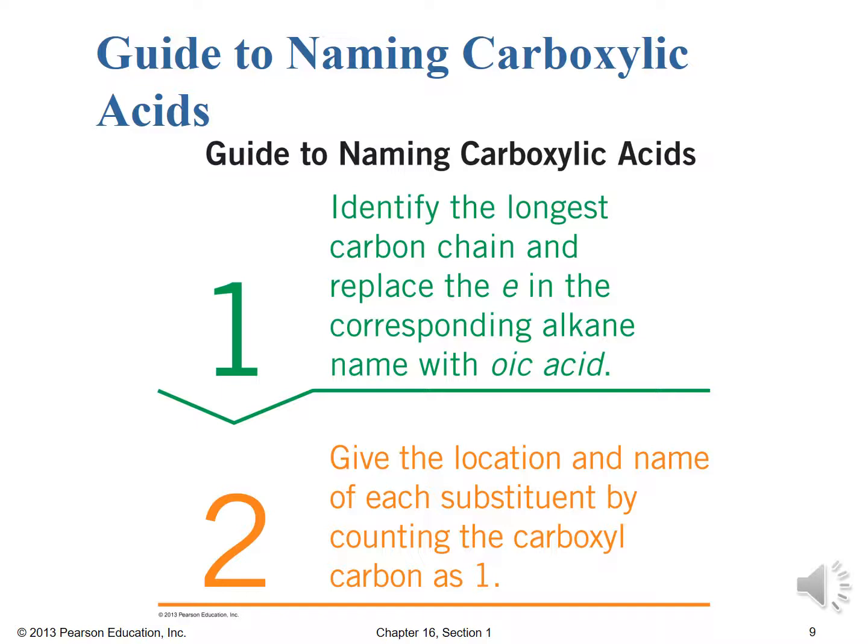It's the highest priority we encounter in the course, so it's always going to be carbon 1, unless, as we saw already, it happens to be bonded to a benzene ring. Then we consider the carbon that's bonded to that carboxyl carbon, that's a carbon member of the ring, as carbon 1. But other than that, the carboxyl carbon itself would be carbon number 1 in terms of naming.